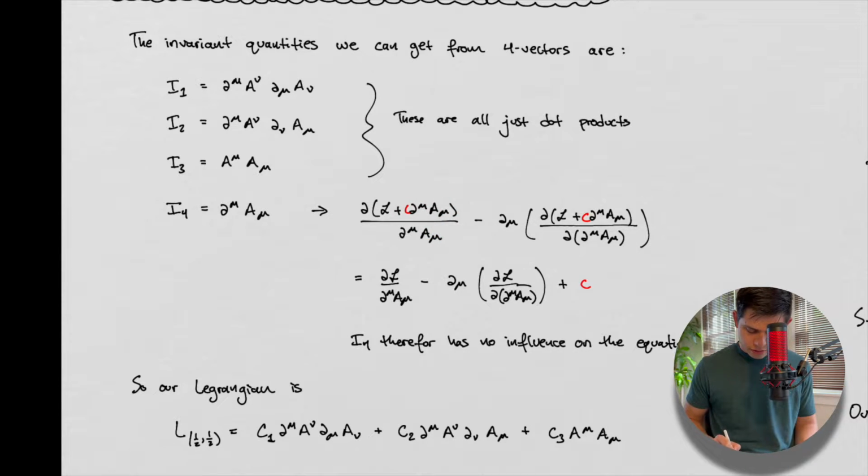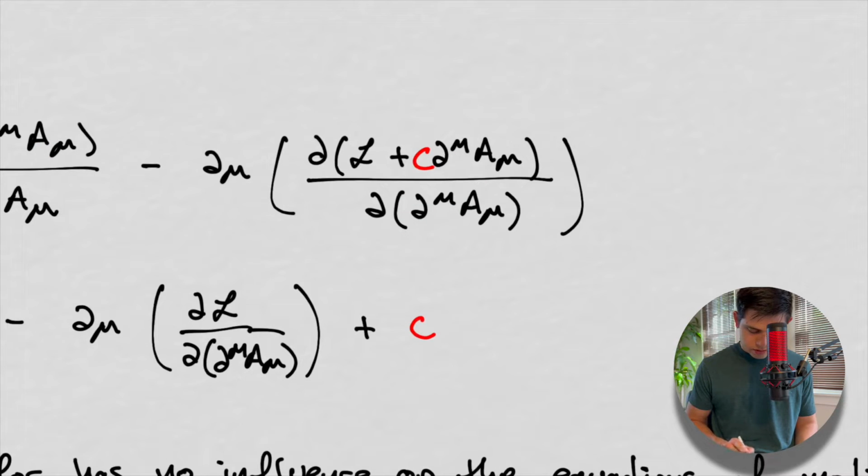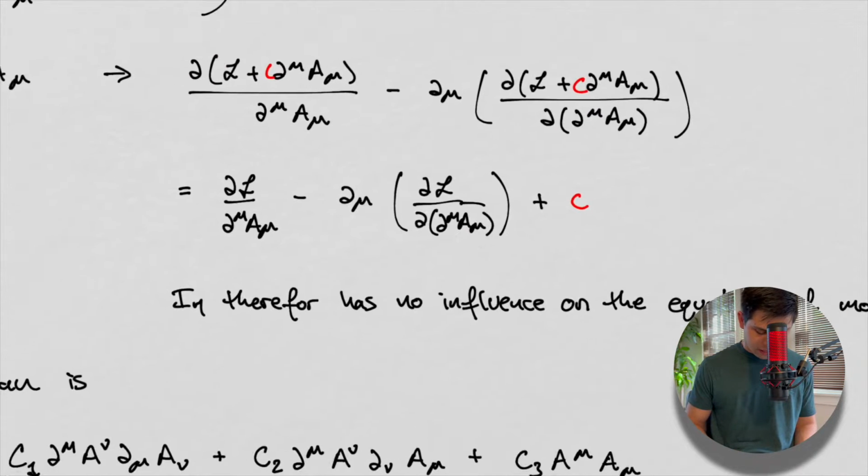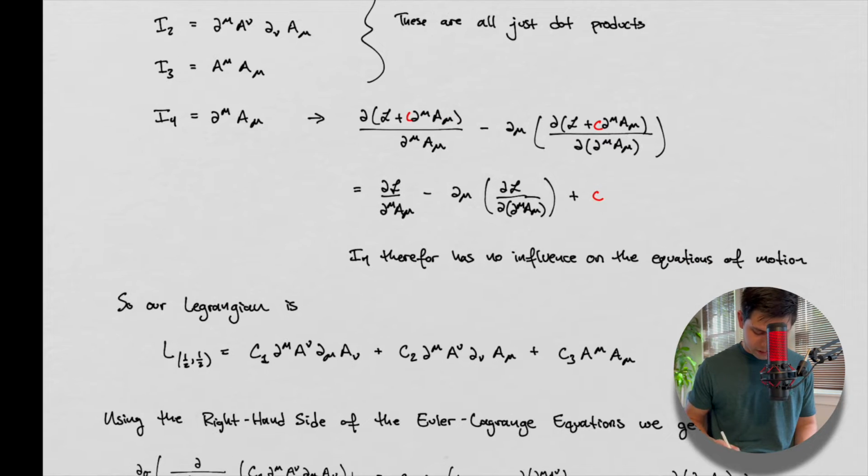The derivative of this with respect to that is just going to be c, because this here matches this here. And so what we get is, again, a constant, and we recovered just the first part of the Euler-Lagrange equation, because this guy went to 0.